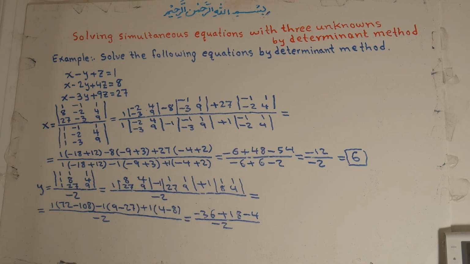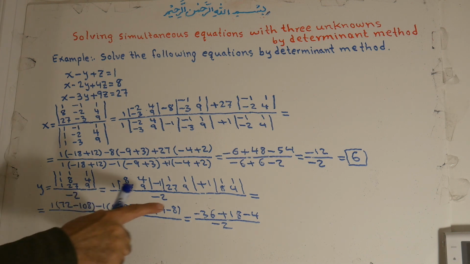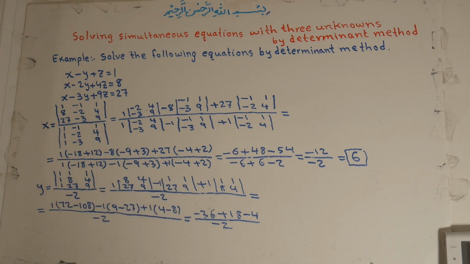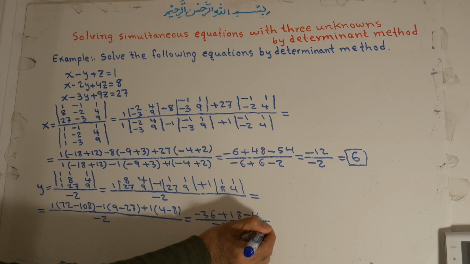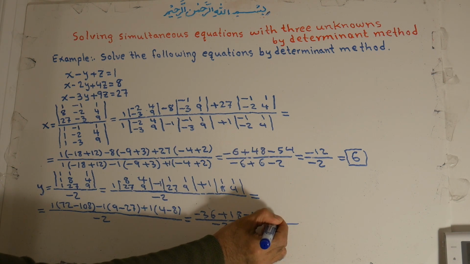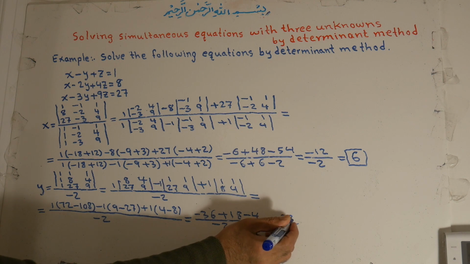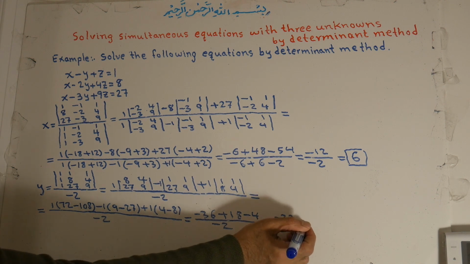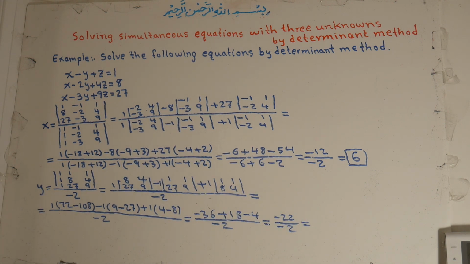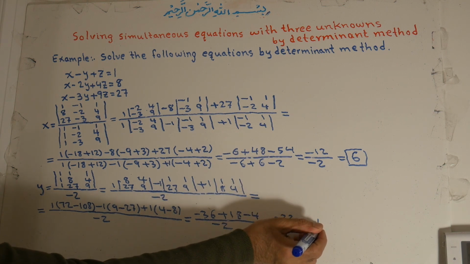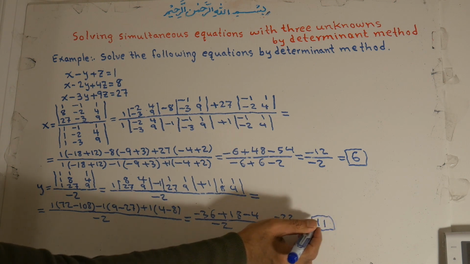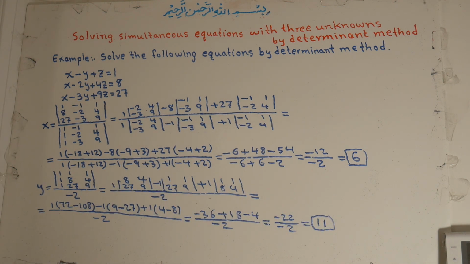Now minus 36 plus 18 minus 4 becomes minus 22, over minus 2. Now negative divided by negative is positive. 22 divided by 2 becomes 11. Positive 11. The value of y becomes 11. X is 6. Y is equal to 11.